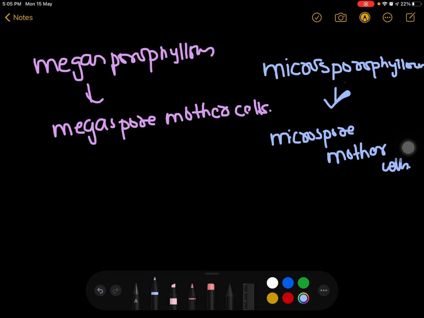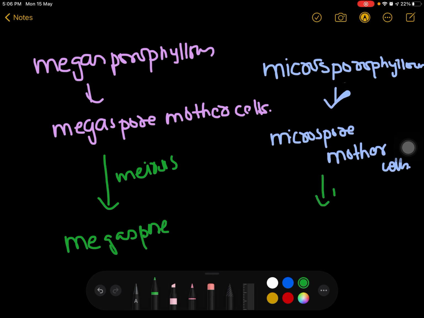Okay, these megaspore mother cells go through the process of meiosis and they produce megaspores. The microspore mother cells will also go through meiosis and produce microspores.